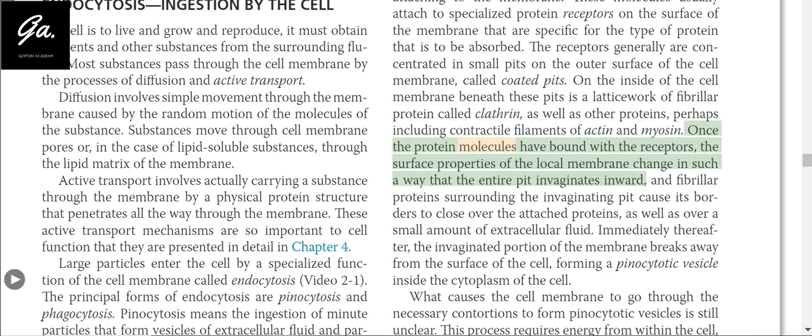Once the protein molecules have bound with the receptors, the surface properties of the local membrane change in such a way that the entire pit invaginates inward, and fibrillar proteins surrounding the invaginating pit cause its borders to close over the attached proteins, as well as over a small amount of extracellular fluid.